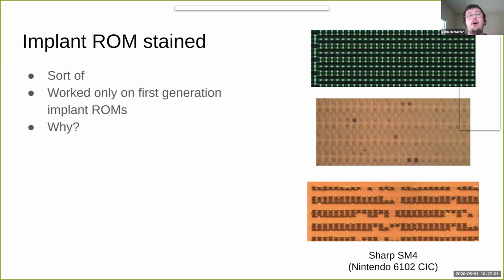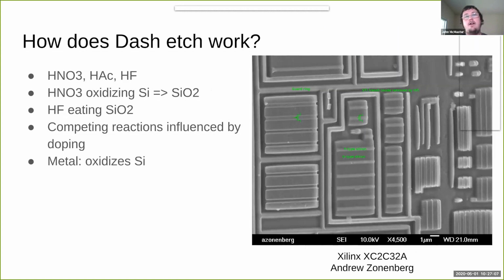So the question is, why does this technique not work reliably? That's something I spent a long time answering. For that, we need to look a little at the mechanism of how this so-called dash etch, which is one of the more common ways to do this staining to show the dopants, works. It's basically a mixture of nitric acid, acetic acid, and hydrofluoric acid, everyone's favorite acid.